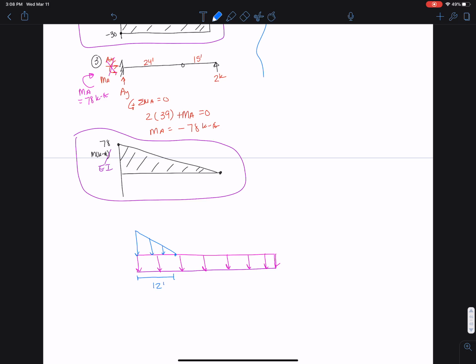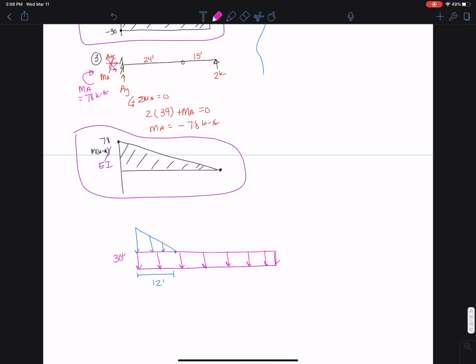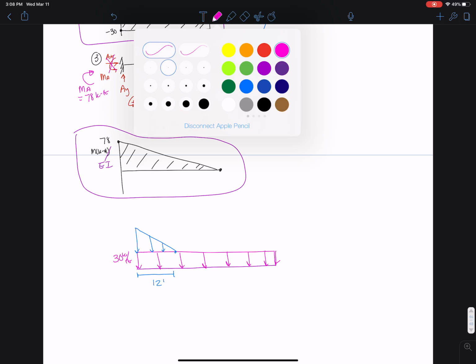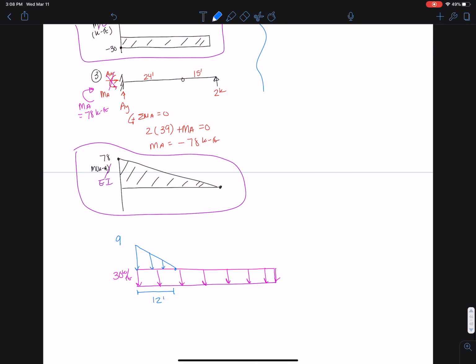Okay, so let me put this back in pink. This would be the 30 kip per foot. The blue one is the 96 kip per foot. And then we have the positive 78. Okay, and that one's going to be going in the positive direction, so the arrows should go up.